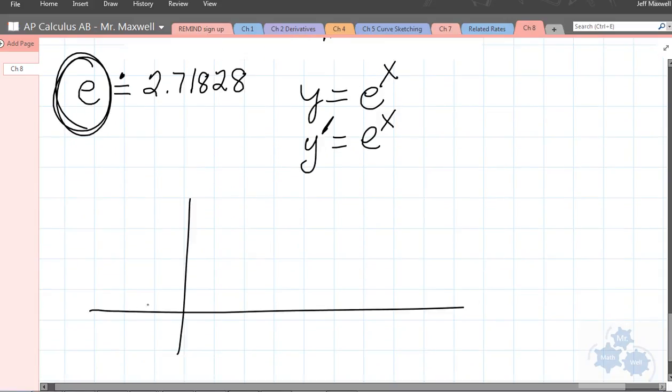So y equals e to the power of x is just going to look like some random exponential function. But here's some cool stuff right here. This is going to be y equals 1. And what this means is that the actual value of the derivative at x equals 0 is going to be whatever the function equals at that point.